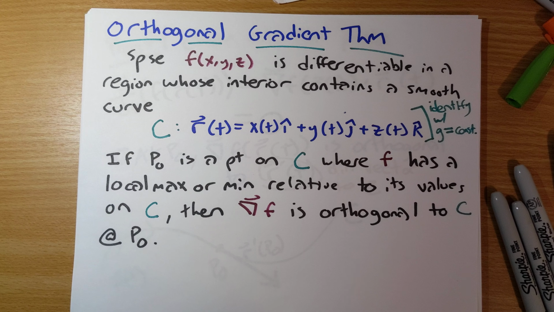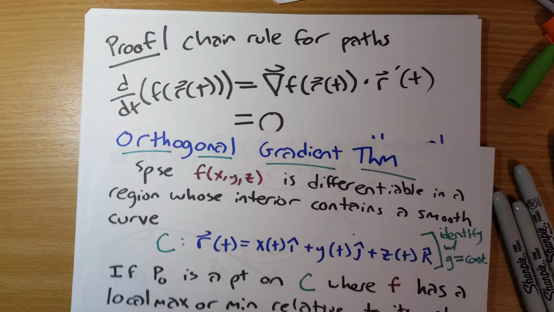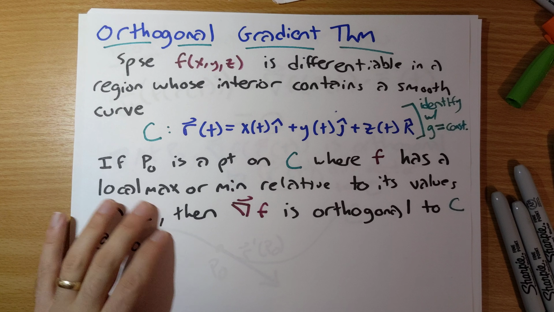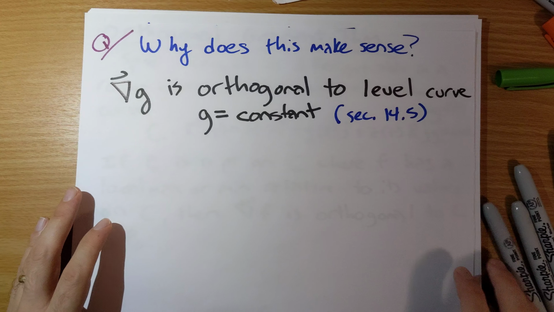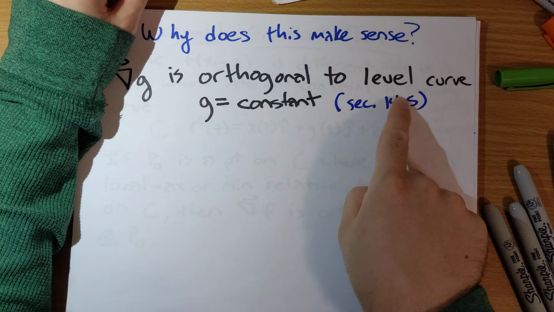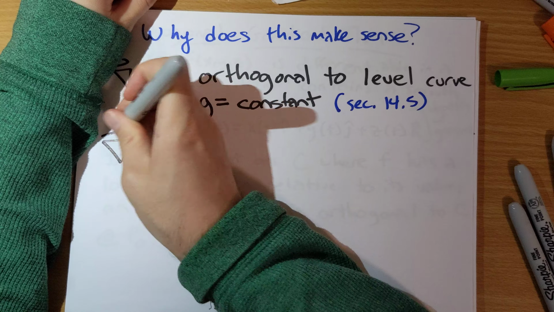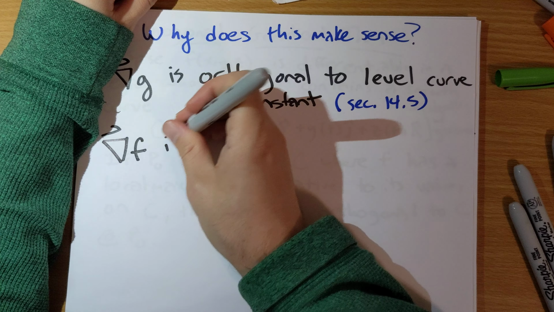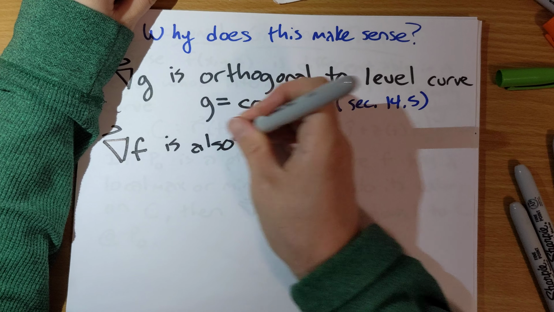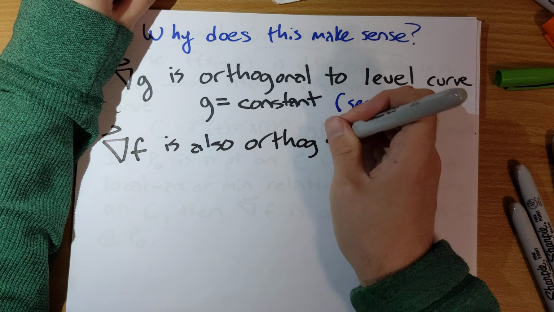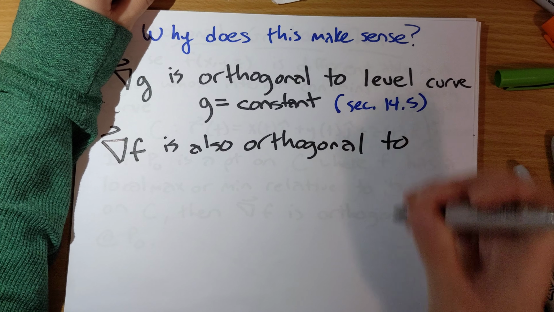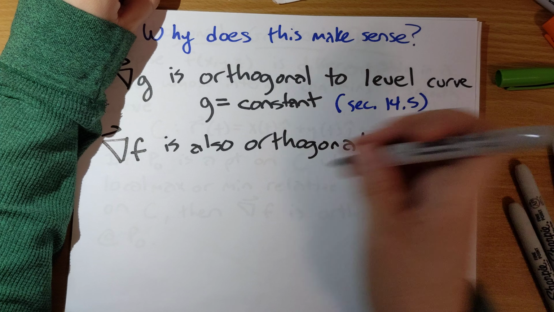Okay, so what do we know here? Let's go back to why does this make sense? The gradient of g is orthogonal to the level curve, g is equal to a constant. The gradient of f is also orthogonal to the curve c.